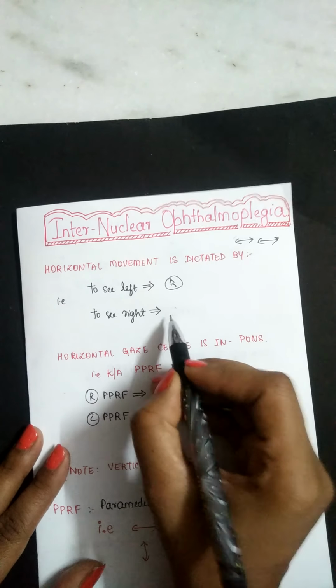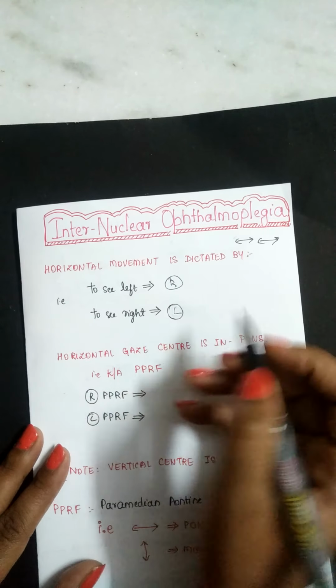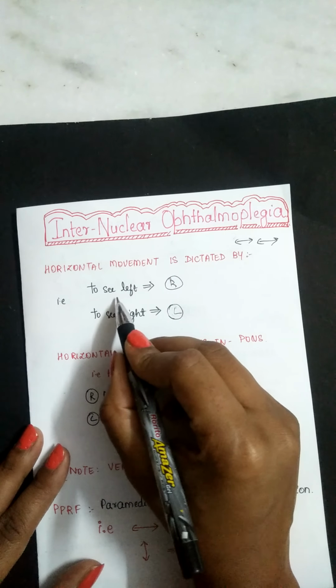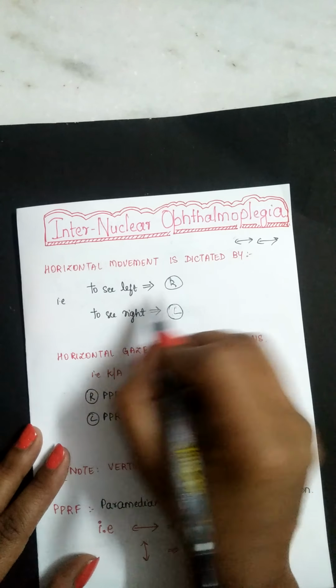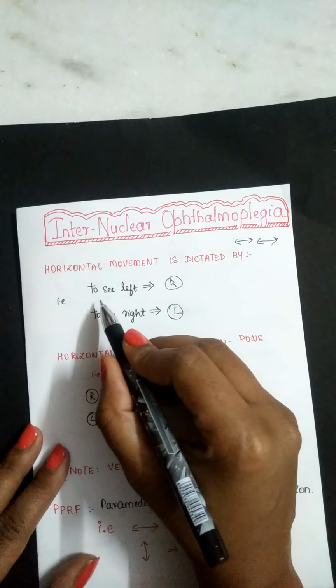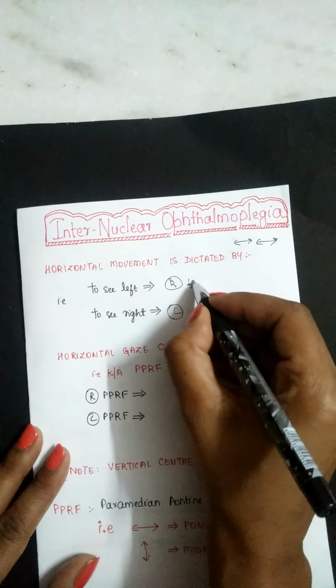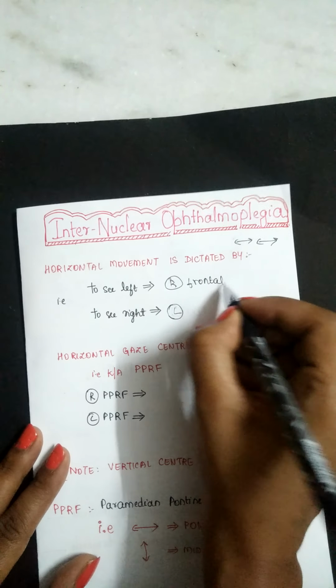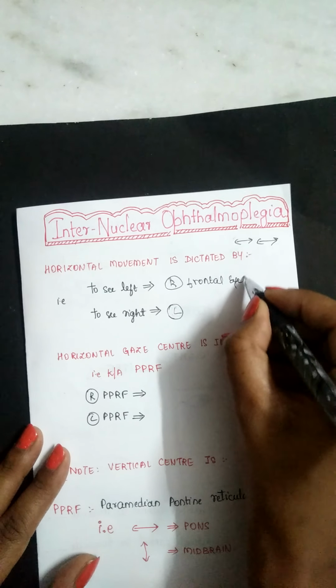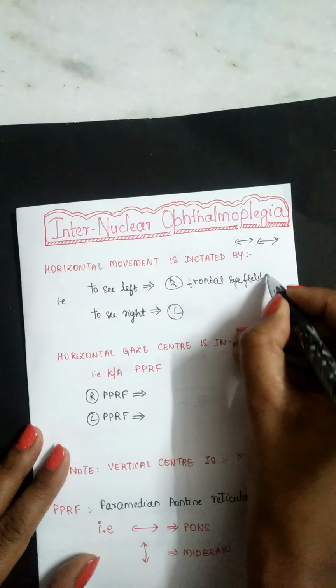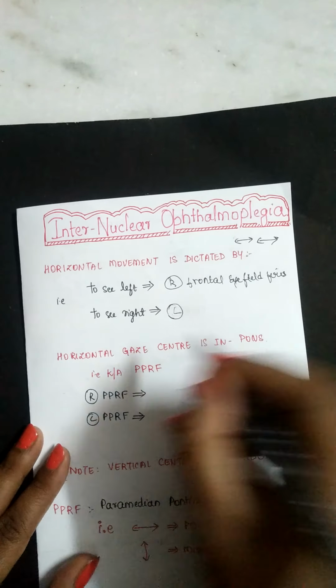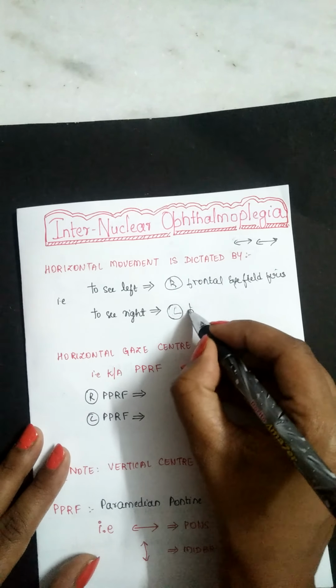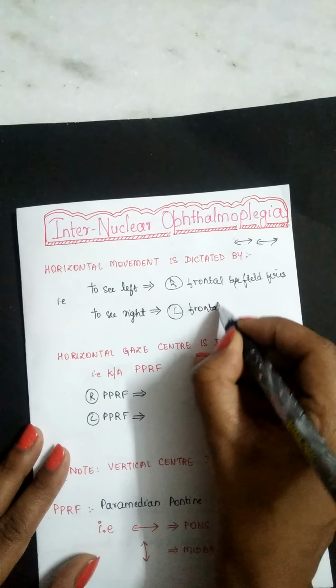To see to the right, the left frontal eye field fires. So it is contralateral. If we have to see towards left, the right frontal eye field fires, and towards right means the left frontal eye field fires.